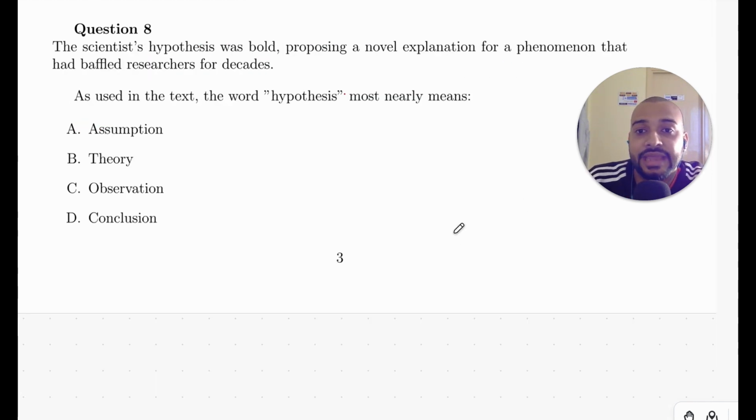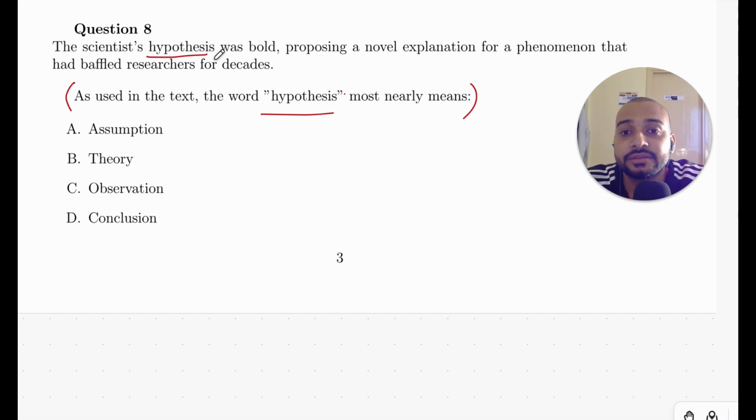Let's look at question number 8. As used in the text, the word hypothesis most nearly means. Where is it used? It's used here. The scientist's hypothesis was bold, proposing a novel explanation for a phenomenon that had baffled researchers for decades.